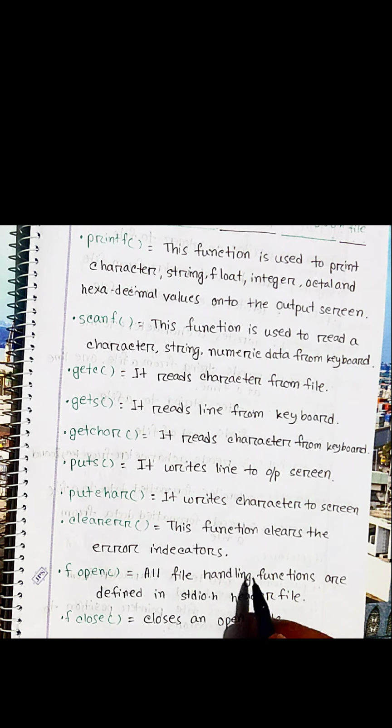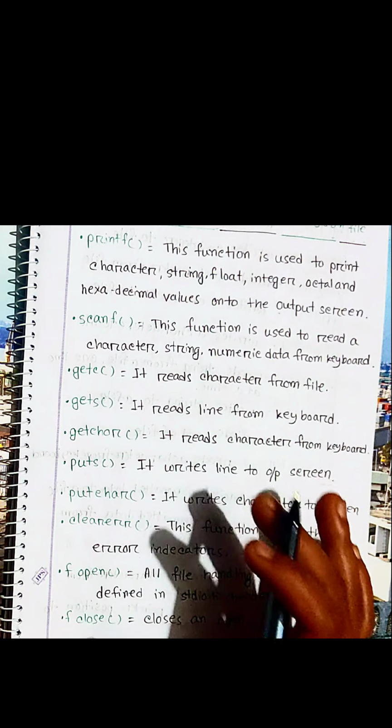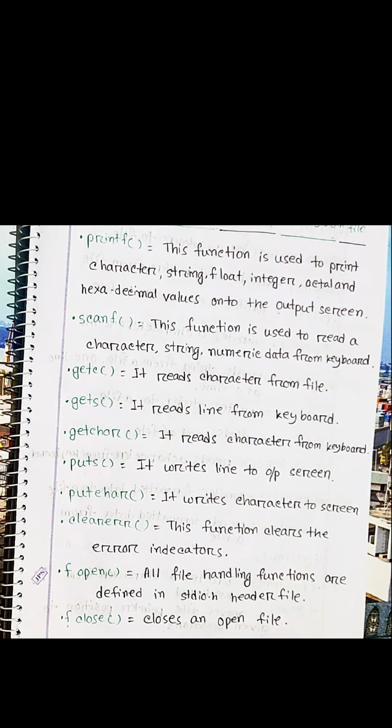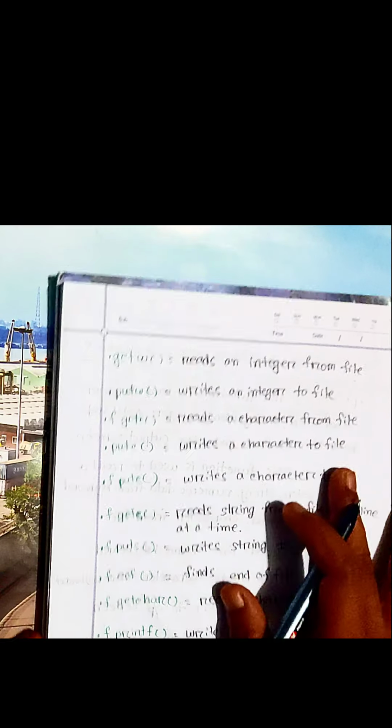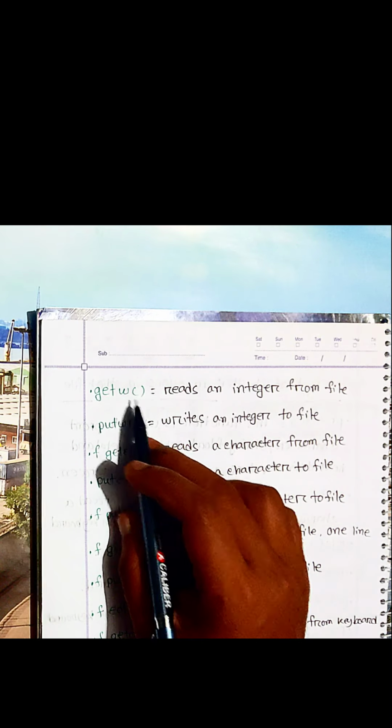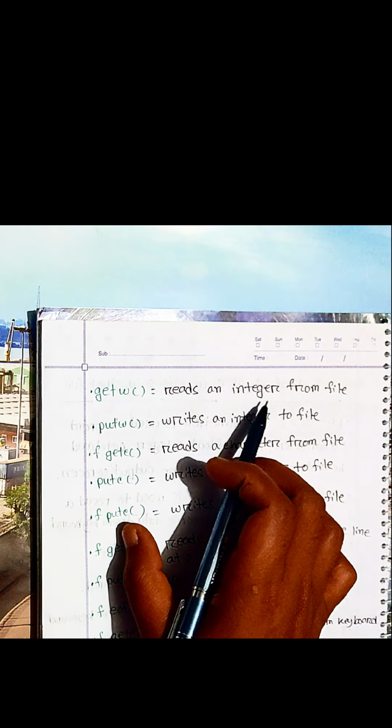All file handling functions are defined in the stdio.h header file. Okay, fclose function closes an open file. It will close an open file that you are using in your program. Now come here, getw, reads an integer from file.